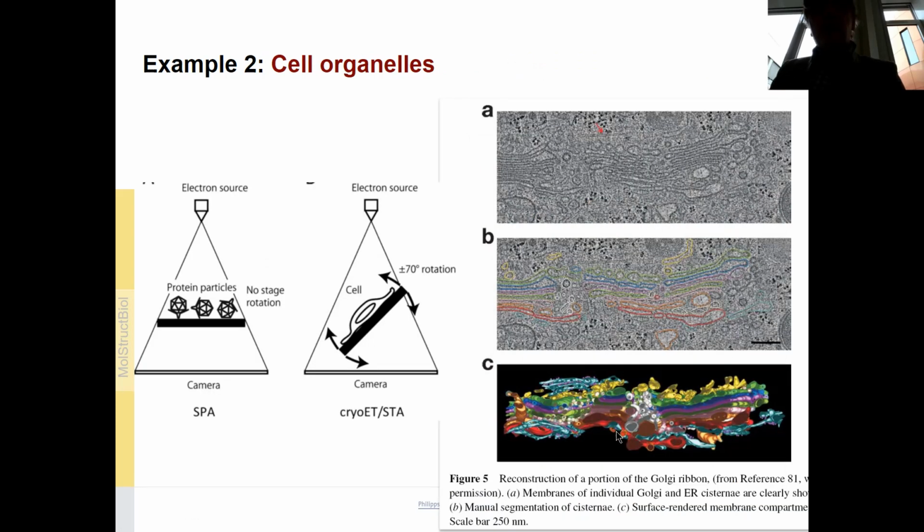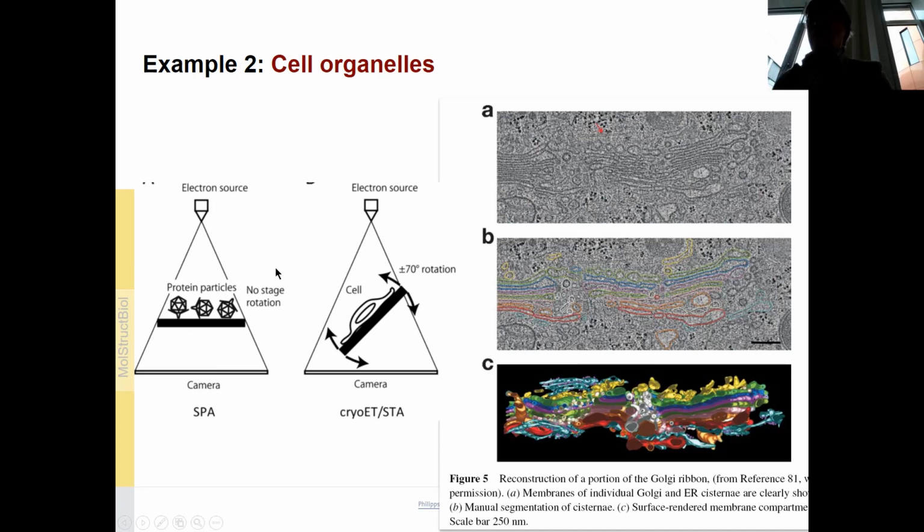So electron microscopes are interesting, and especially tomography is very interesting, because you can do some really fancy experiments. That was what we mentioned before, single particle analysis, with tilting or without tilting, depending on whether you have enough orientations available.